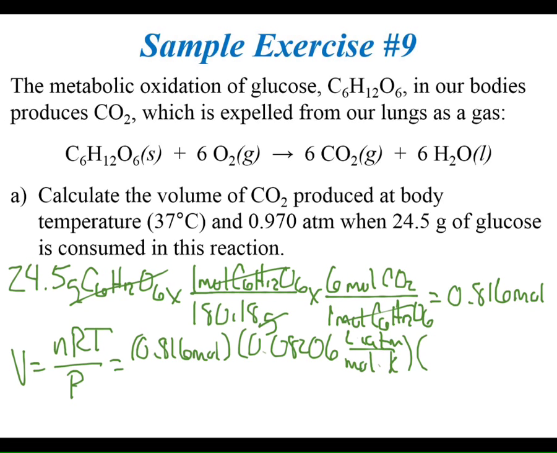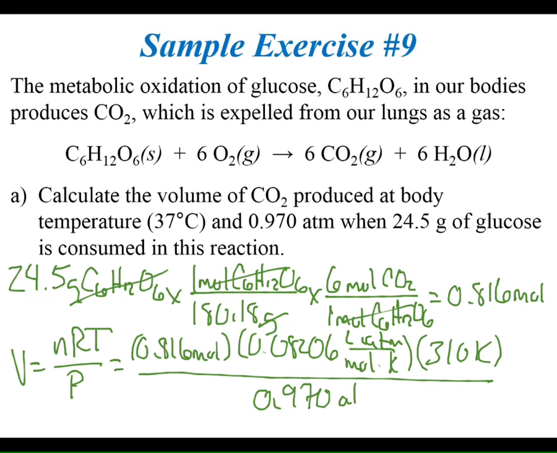T, 37 plus 273, what's that? 310. And then pressure, a little bit less than atmospheric pressure. Maybe there's a low pressure cell coming through. 0.970 atmospheres. Check our units, make sure they cancel out. Moles, moles. Atmospheres, Kelvin. Okay, and how many liters did you say?